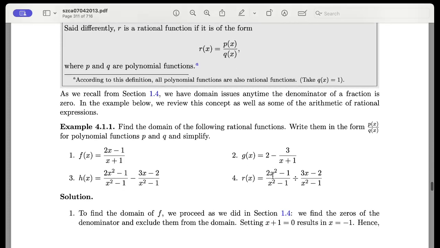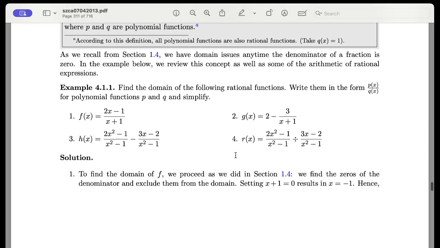All right, so it starts off with a few examples of what are rational functions. Not all of them look like they're just simply fractions involving polynomials. The first one does, though. 2x minus 1 is a polynomial. In fact, this is a ratio of two linear polynomials, so it's a fairly simple type of rational function. But number 2 doesn't quite look that way.